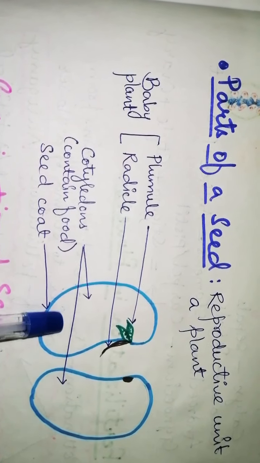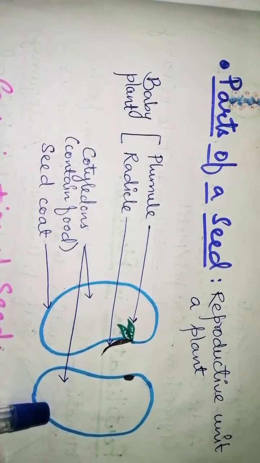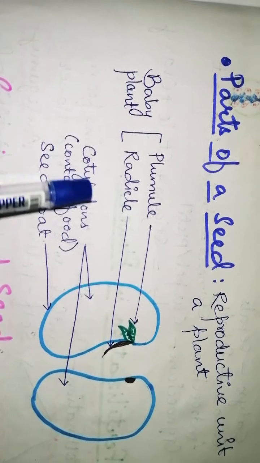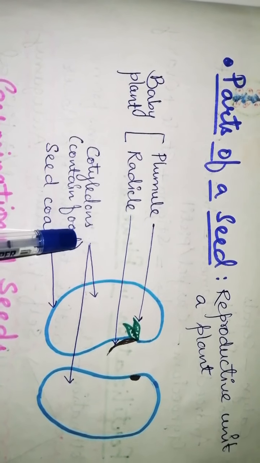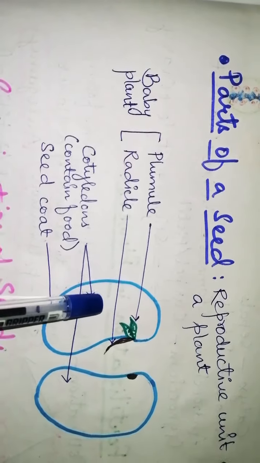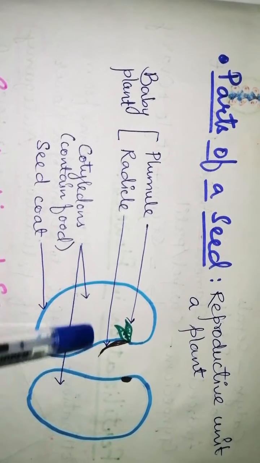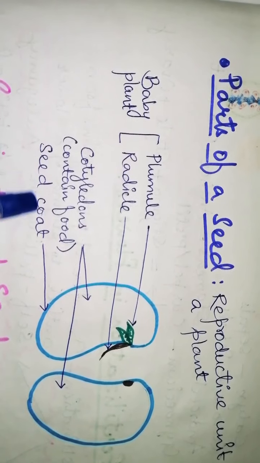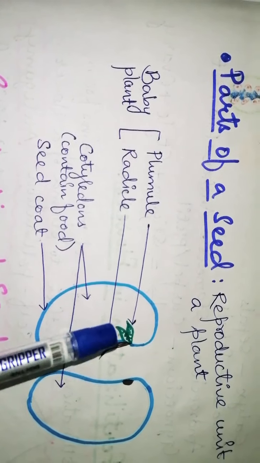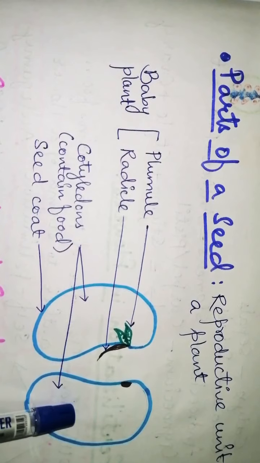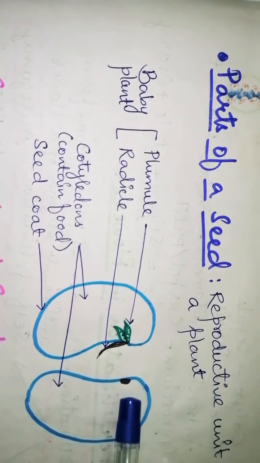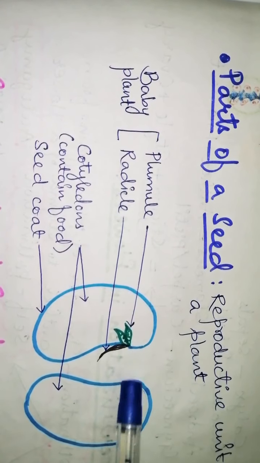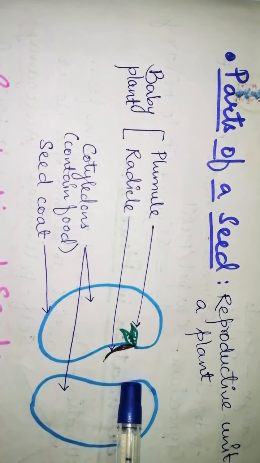For example, rajma bean, garbanzo beans, they are dicotyledons, means they have two similar structures present inside the seed coat. When we open the seed coat, the two similar structures will come out. Now this portion is the attachment between these two cotyledons.